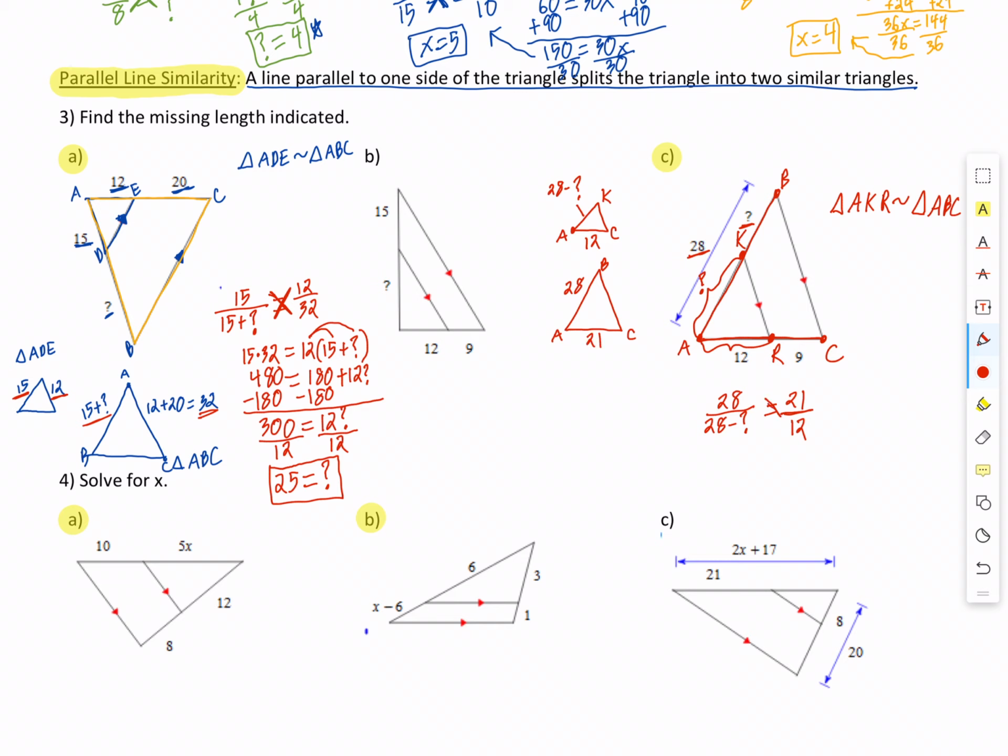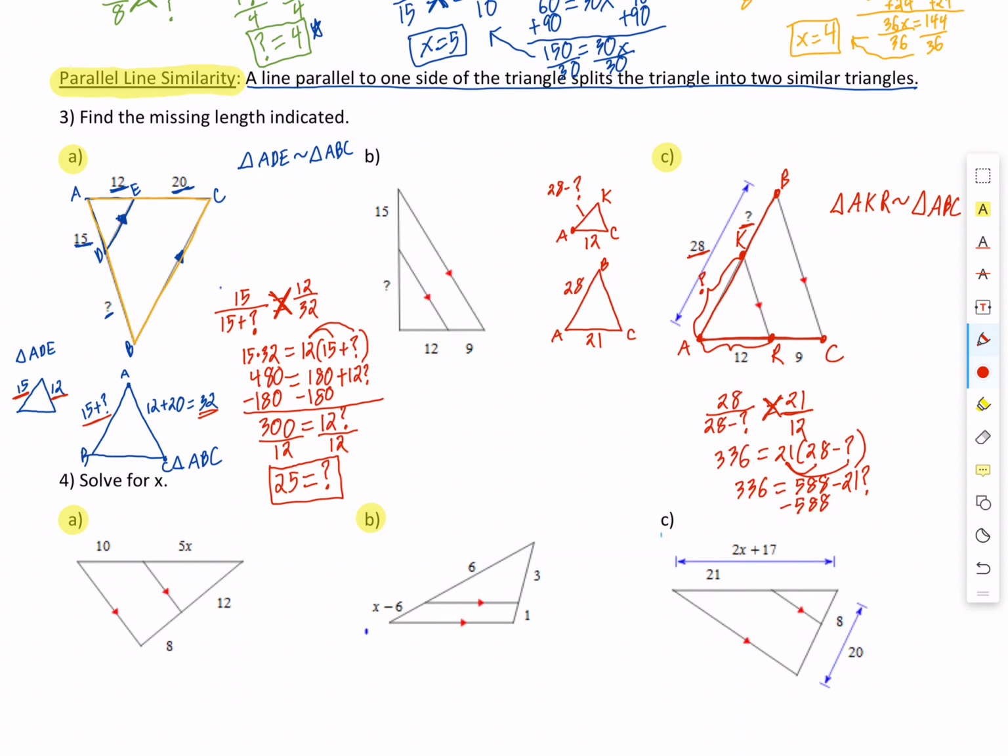So let's cross multiply. Let's chug this guy along. 12 times 28 gives us 336. Then we have 21 times 28 minus question mark. Again, we'll have to distribute that out. So we have 336 is equal to 588 minus 21 question mark. And keep chugging along.